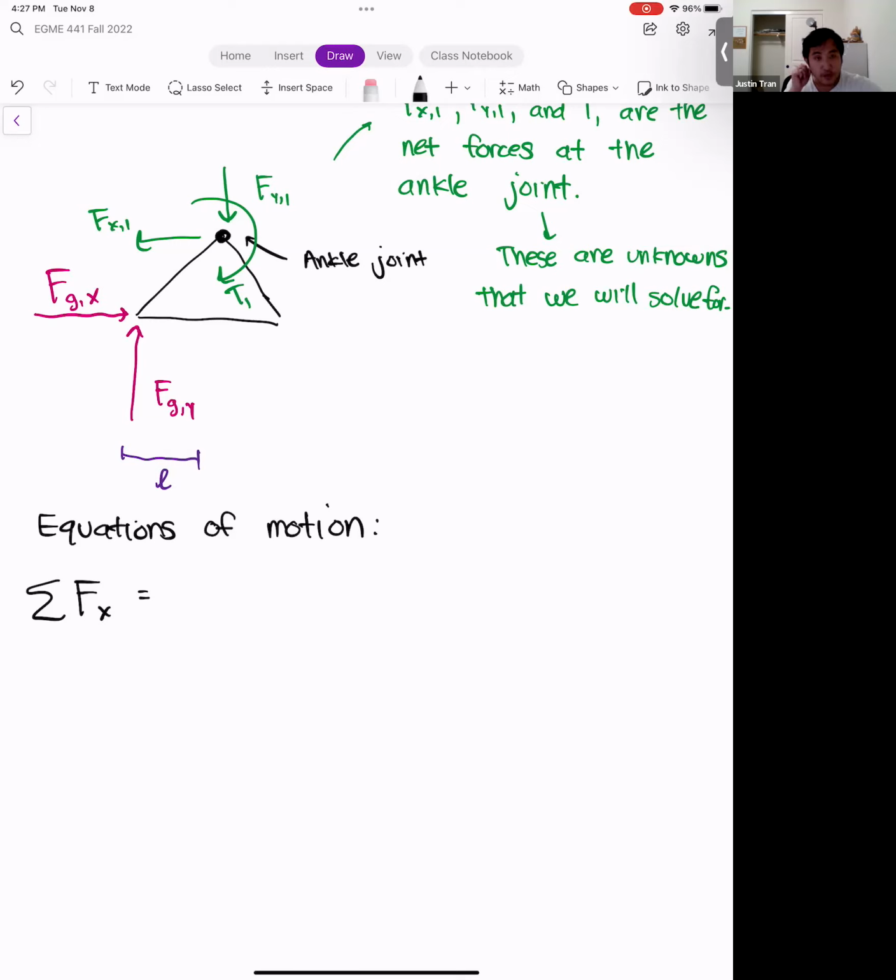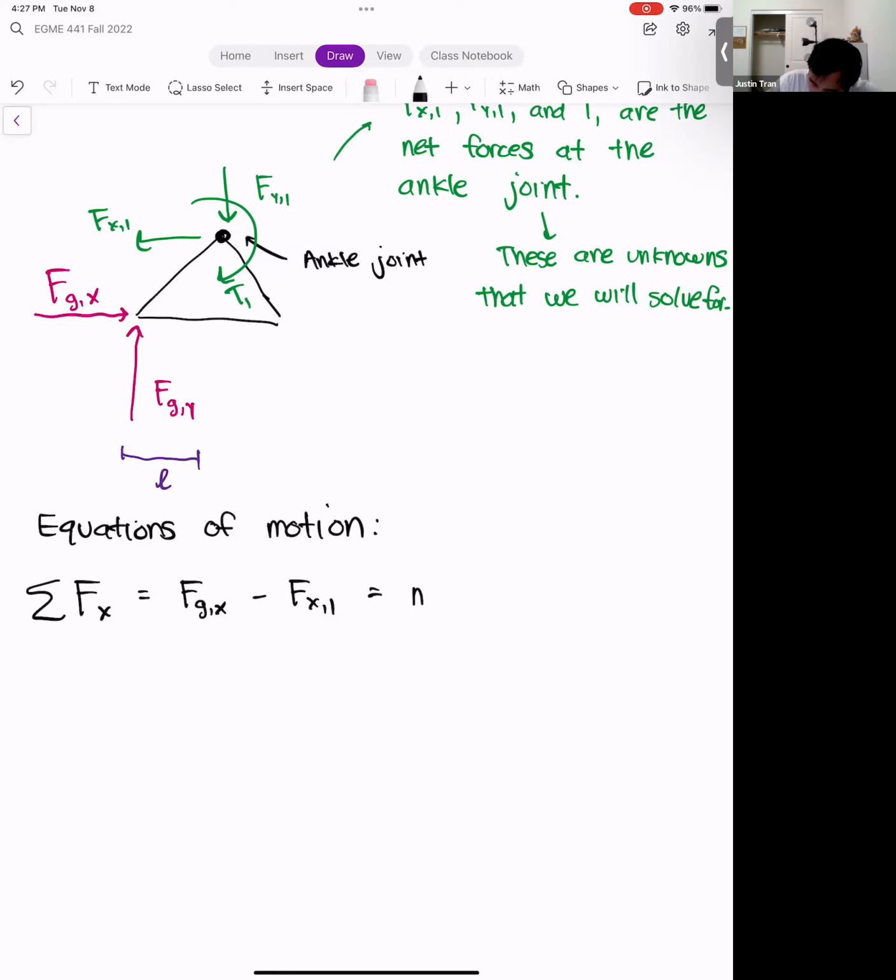We have the ground reaction force in the x direction, which is Fgx. And then we have the reaction force in the x direction at the ankle joint, which is Fx1. They're going in opposite directions, so we're going to put a minus sign on Fx1 because it's going to the left. Those are the only forces that we have in the x direction.